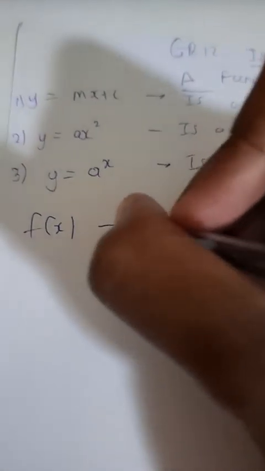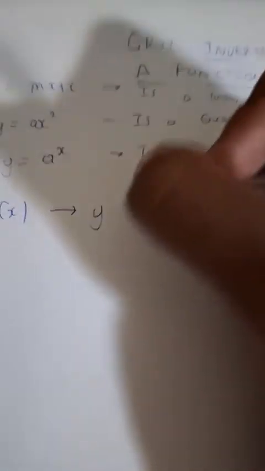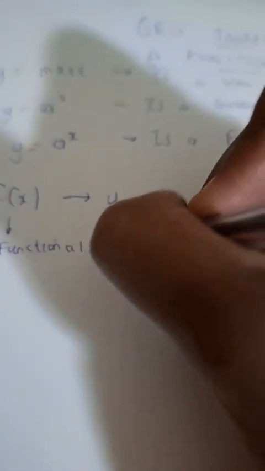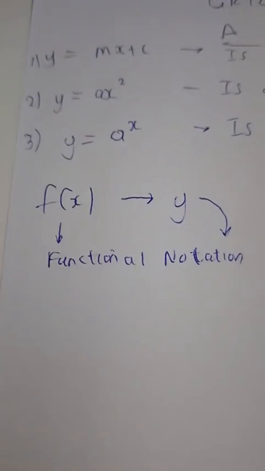So what we are going to do now, okay, in maths we know that f of x is actually just another way of saying y. Okay, so f of x is what we refer to as functional notation. And I just want you guys to know that this functional notation is just the way that we represent the value y.